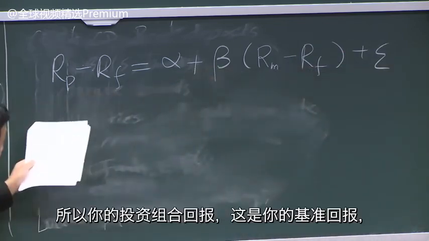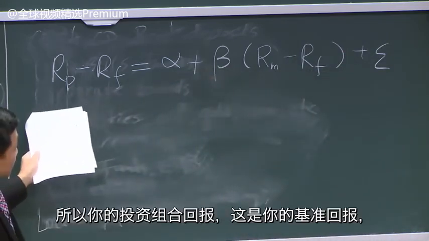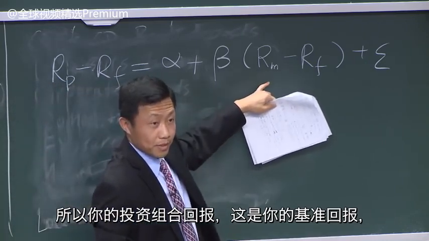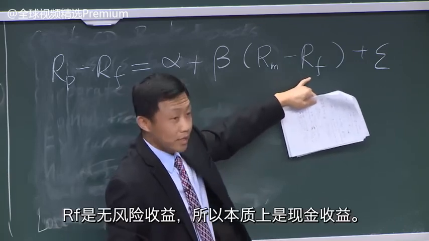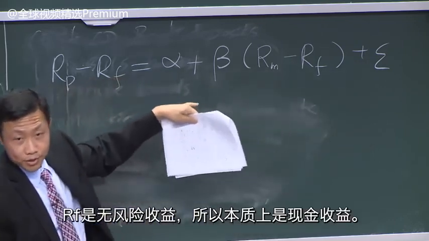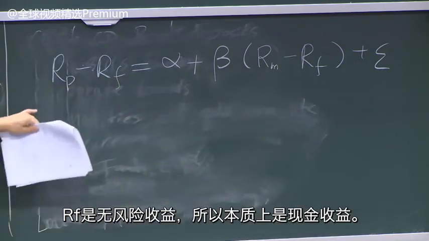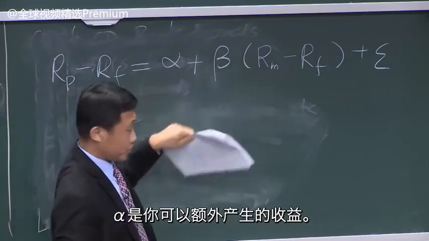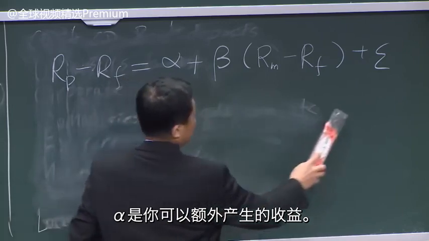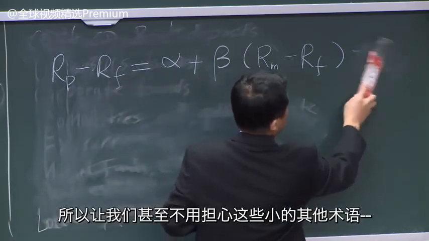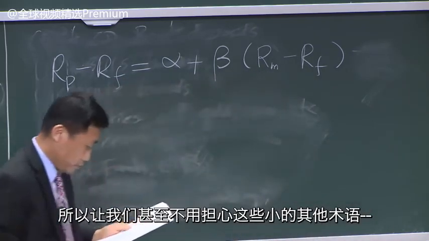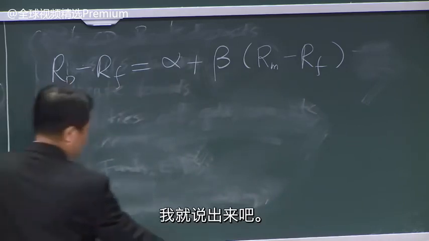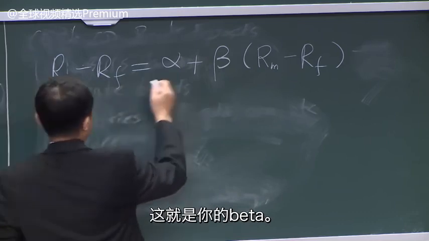So that's your portfolio return. This is your benchmark return, R of M, expected return. RF is the risk-free return, so essentially your cash return, and the alpha is what you can generate additionally. So let's not worry about these other terms, or not necessarily small, but for simplicity, let's just reveal that. So that's your beta.